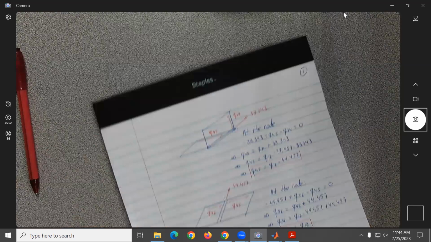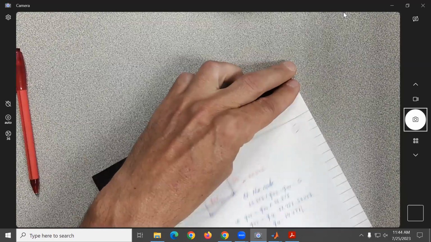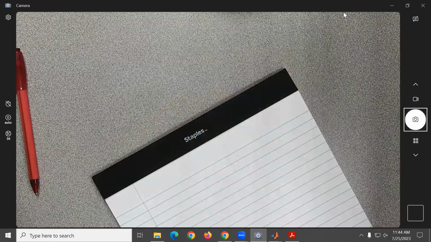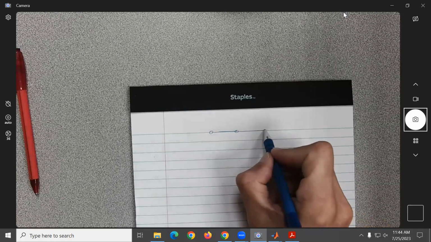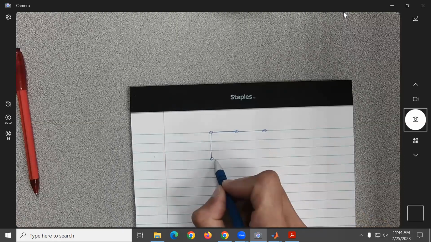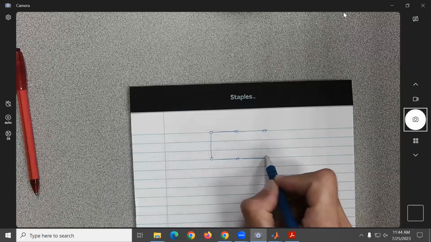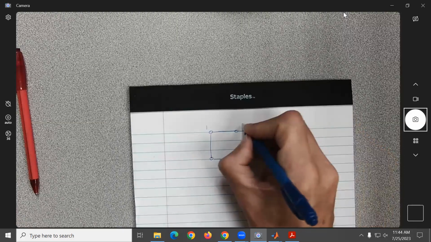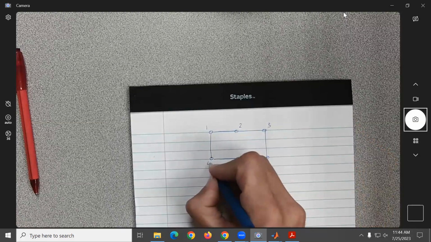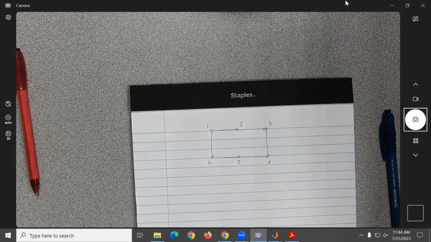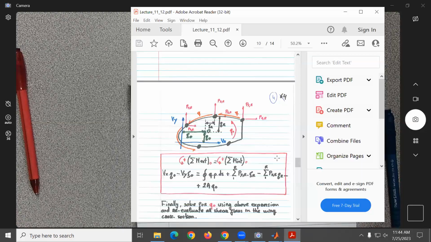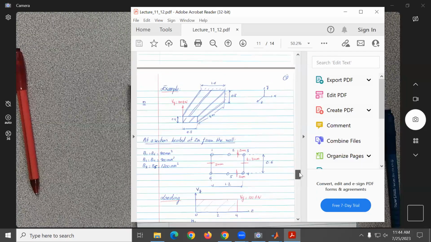All right, so let's do quickly another figure over here. Let me look at something here. Okay, the force is applied here at 1.